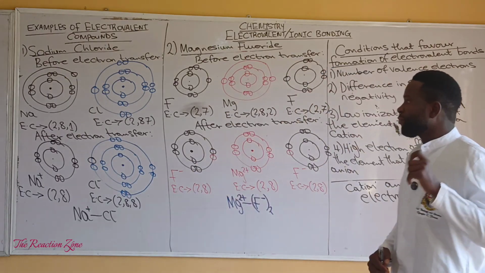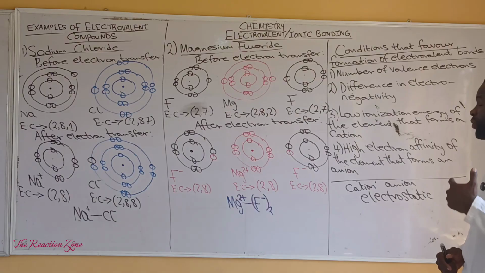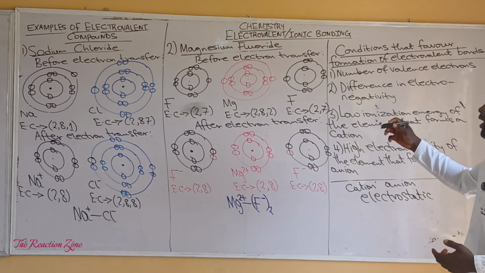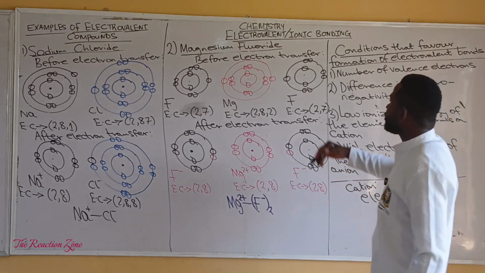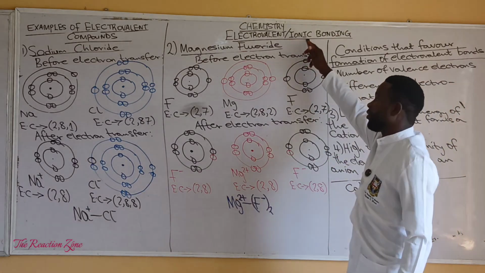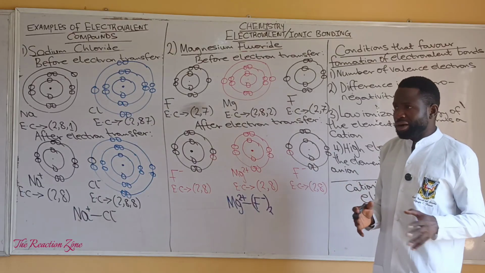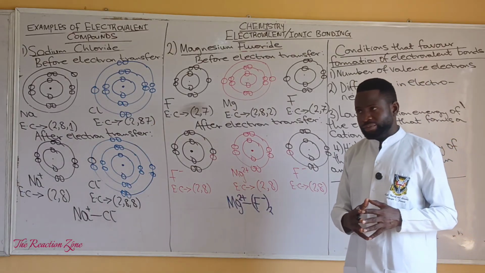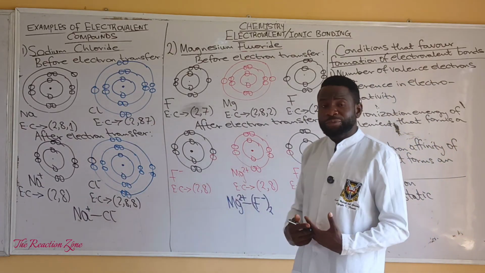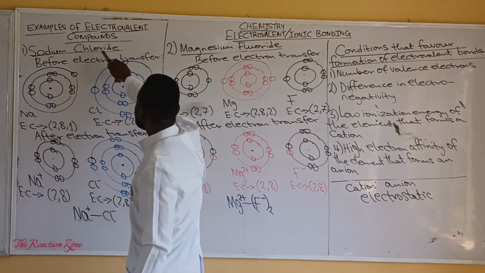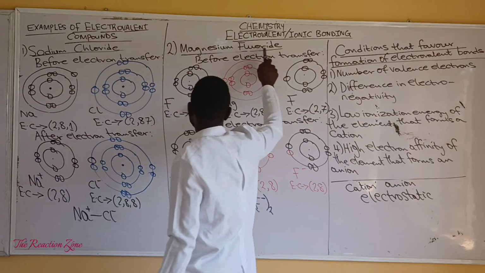This bond that is formed as a result of electrostatic force of attraction between a cation and an anion is referred to as electrovalent or ionic bonding. There are several compounds that are formed by this kind of bonding. And examples of compounds formed by this kind of bonding include sodium chloride and magnesium fluoride.